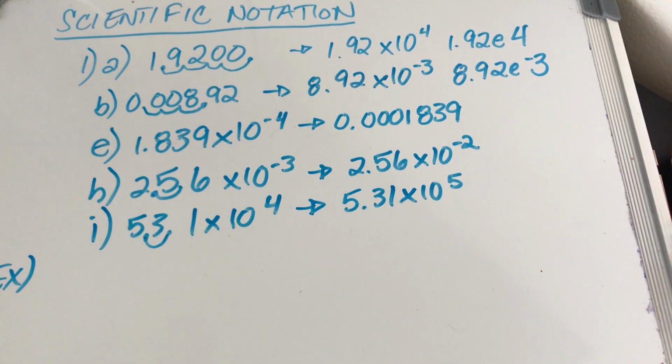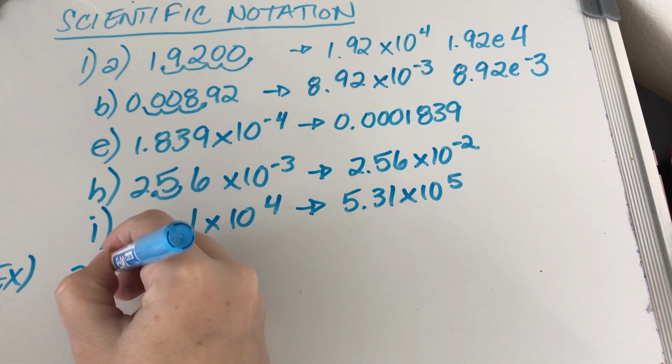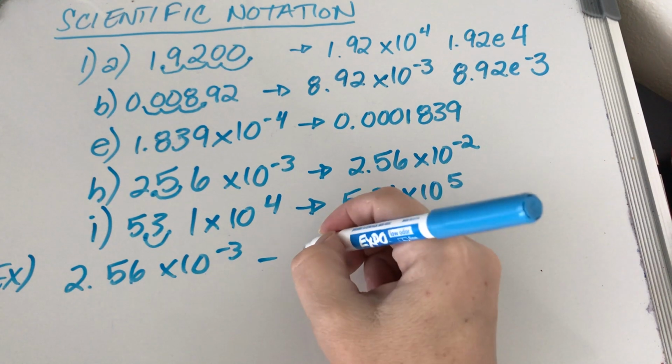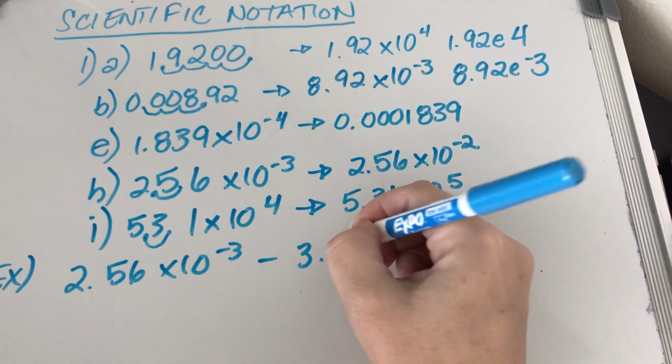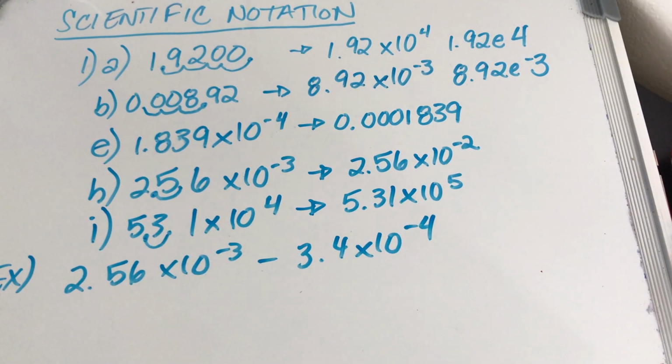So, new example. Let's say we have 2.56 times 10 to the negative 3 minus 3.4 times 10 to the negative 4.